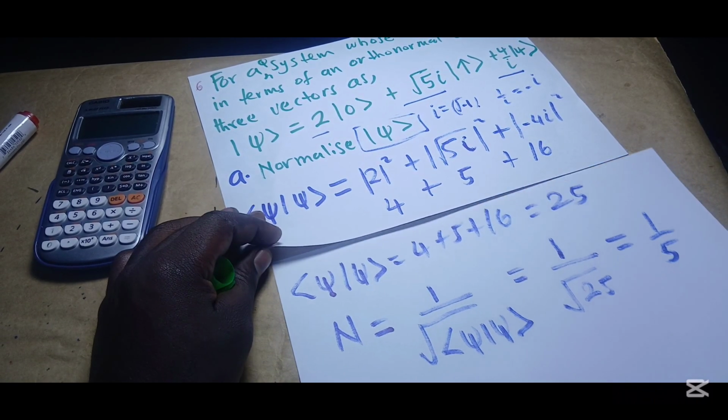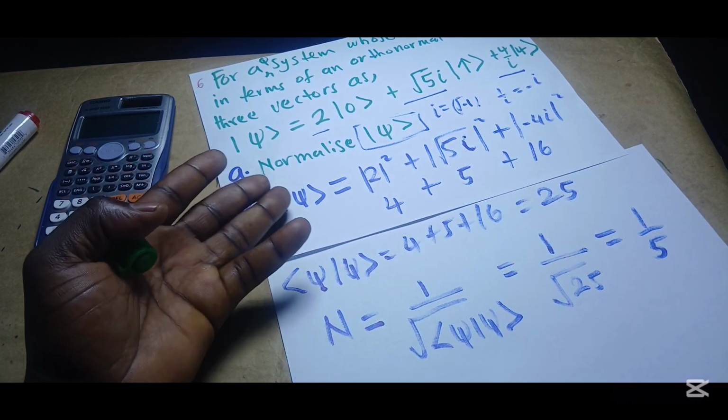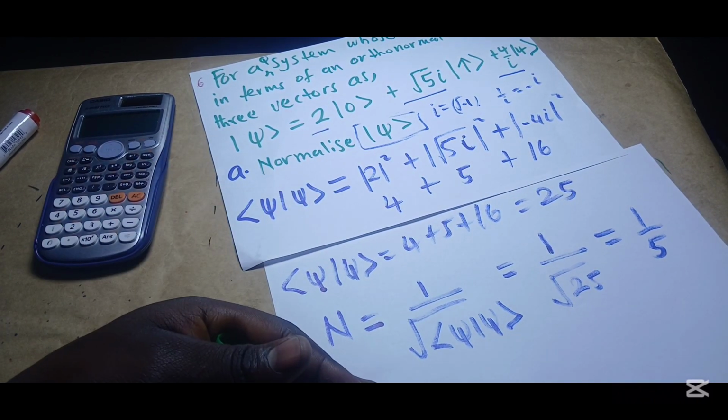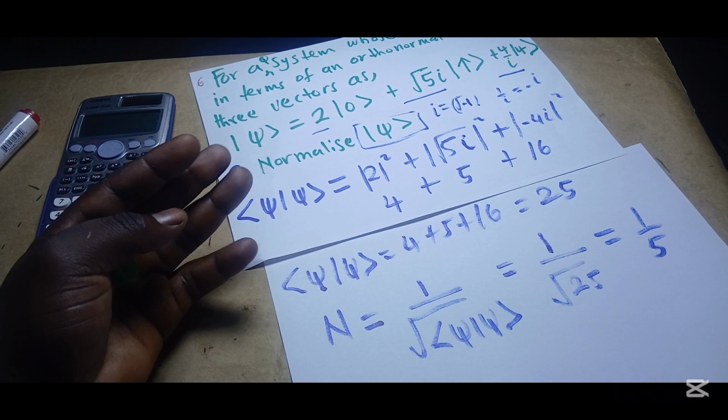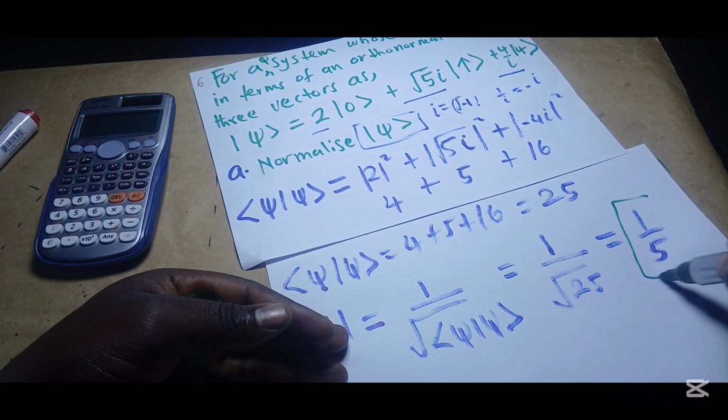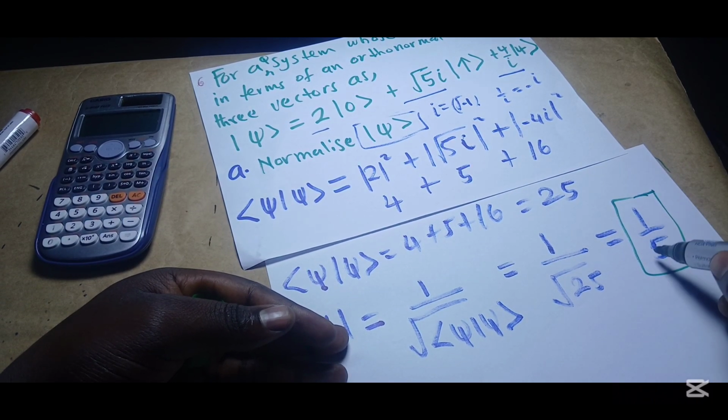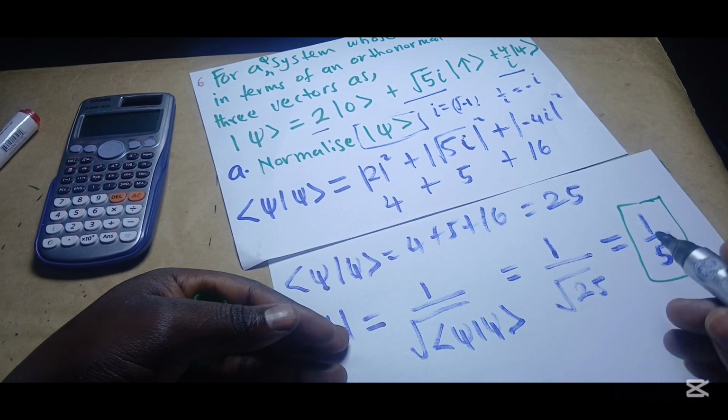That is the second step. The first step was to calculate the norm, the second step is to calculate the normalization constant, and the last step is to multiply the given state by the normalization constant throughout.